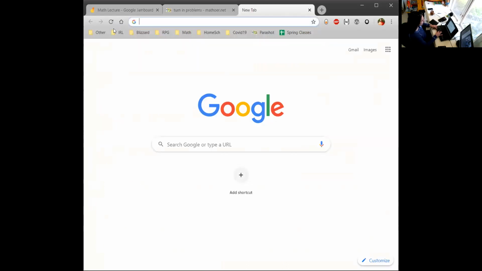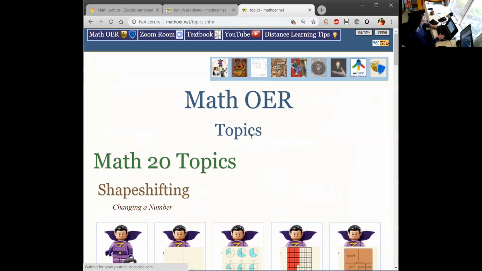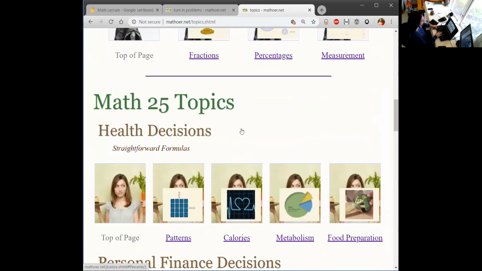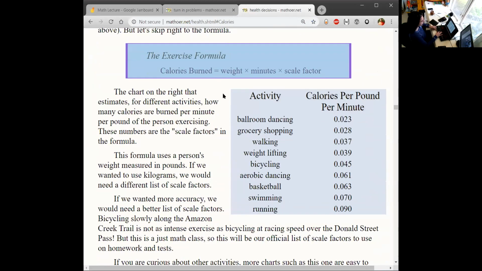Okay, so let's open a new math window. So we wanted to find out how many calories she's burning from exercise. So we had this table, remember that?